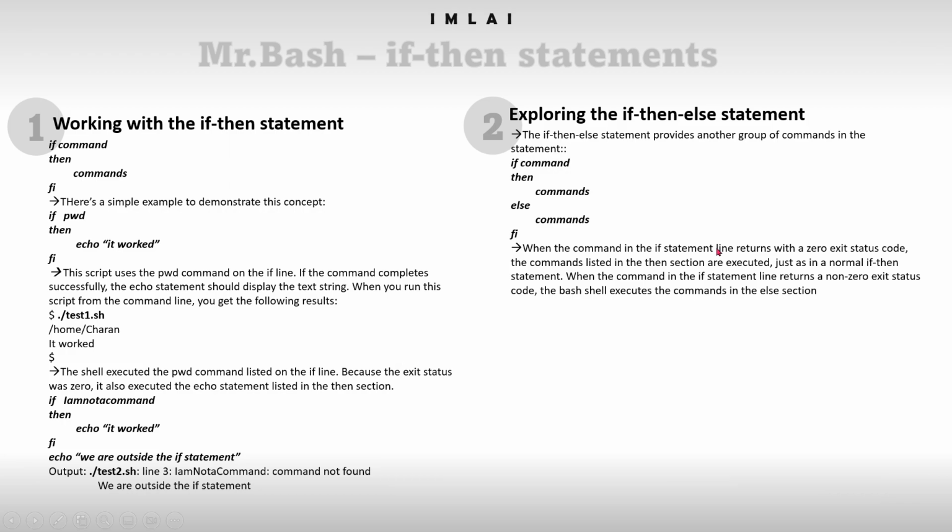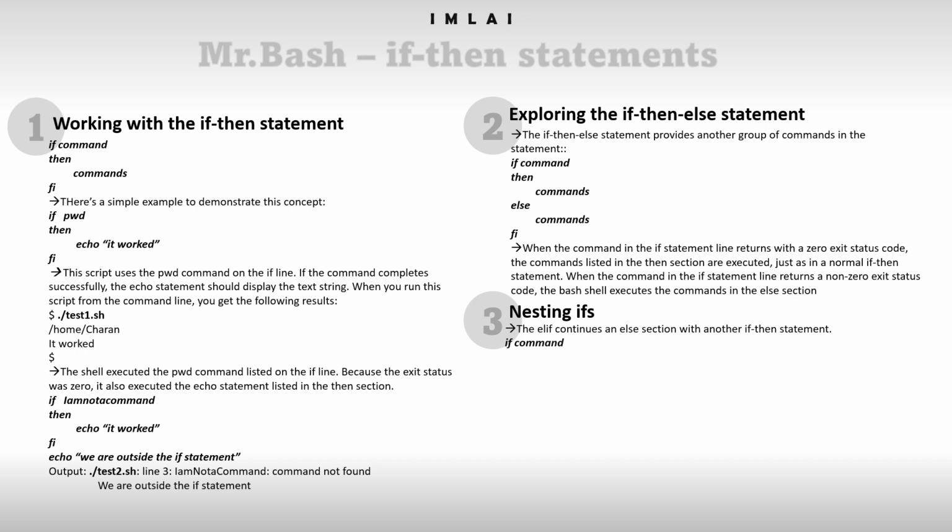Okay, so now we will move on to nesting ifs. Instead of having to write separate if then statements, you can use an alternative version of the else section, that's called elif. So the elif continues an else section with another if then statement.